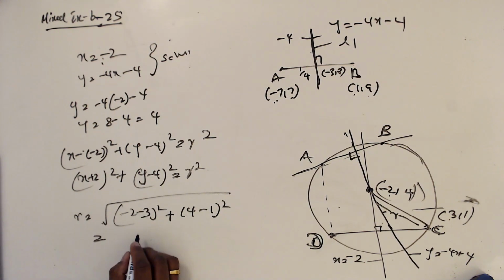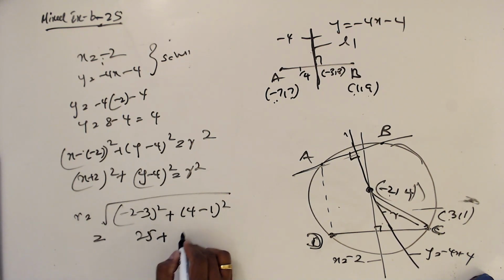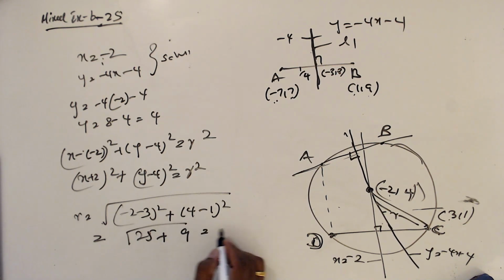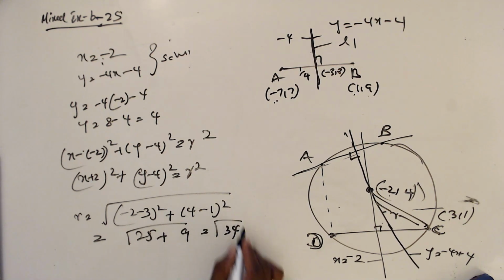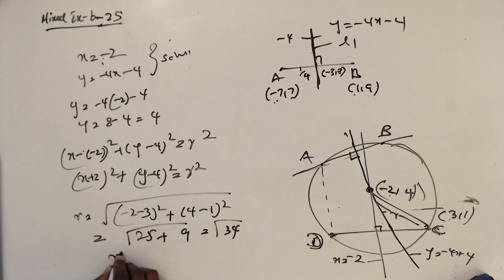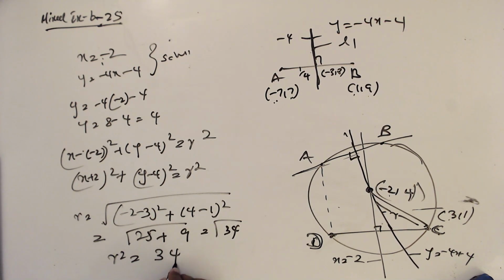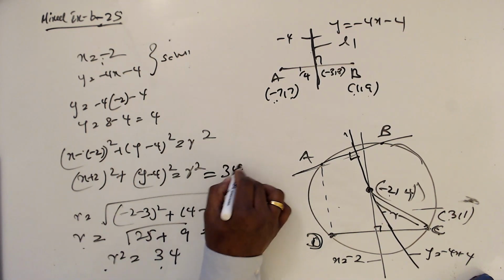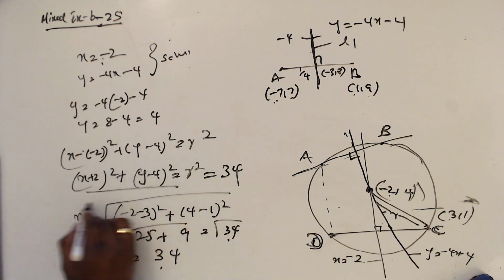This is minus 5 squared, 25, and this is 3 squared, 9, and this is 34. Then r squared is 34. r is the square root of 34, r squared is 34, and this is the equation.